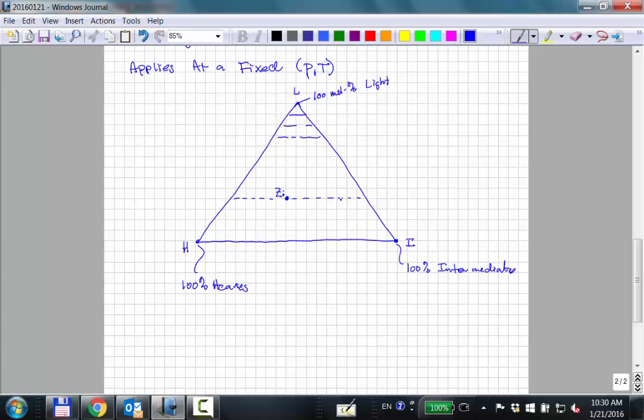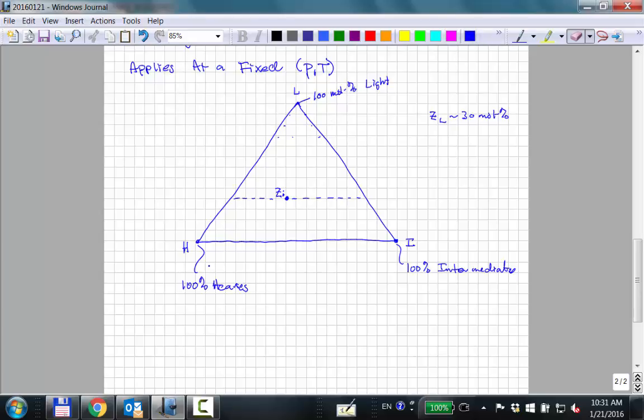So I'm going to say it's maybe 30% light. So from this, Z light is around 30 mole percent, kind of by eye. That's the way you figure it out: you draw the lines perpendicular to the sides.